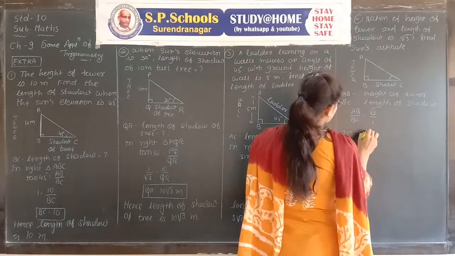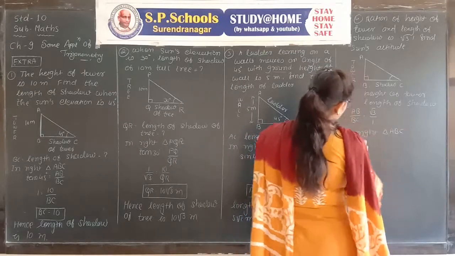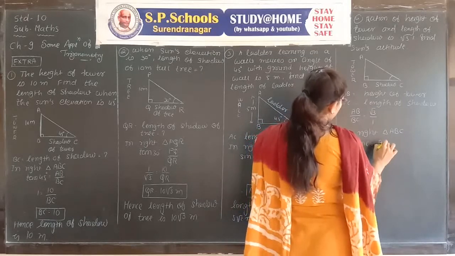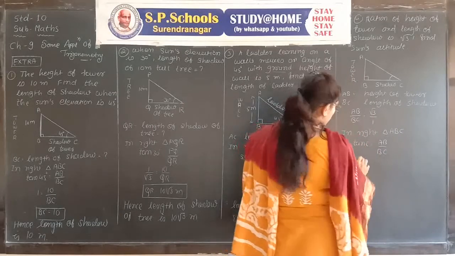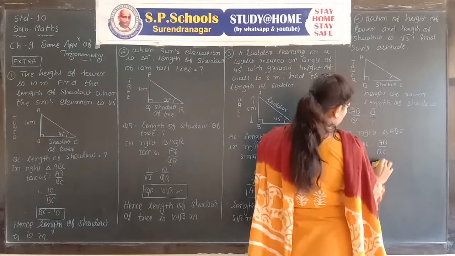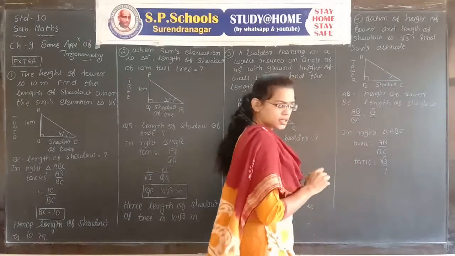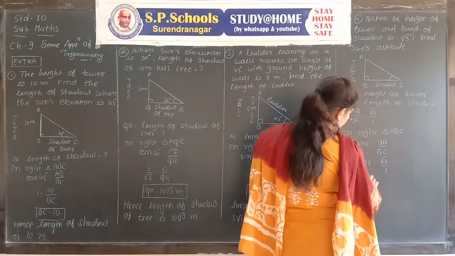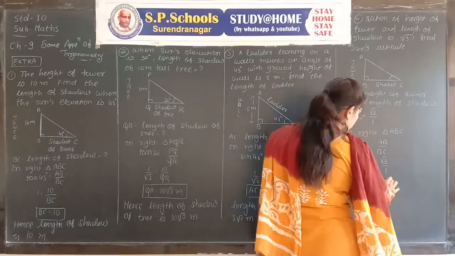In right triangle ABC, use tan C is equal to opposite AB upon adjacent BC, where tan C remains as it is. AB upon BC is equal to root 3 upon 1. Tan C is equal to root 3 upon 1. That's why the value of tan C is root 3 when the value of the angle is 60 degree.